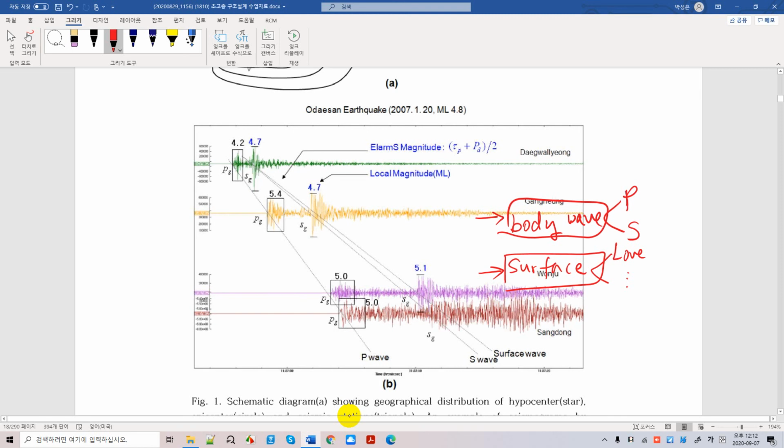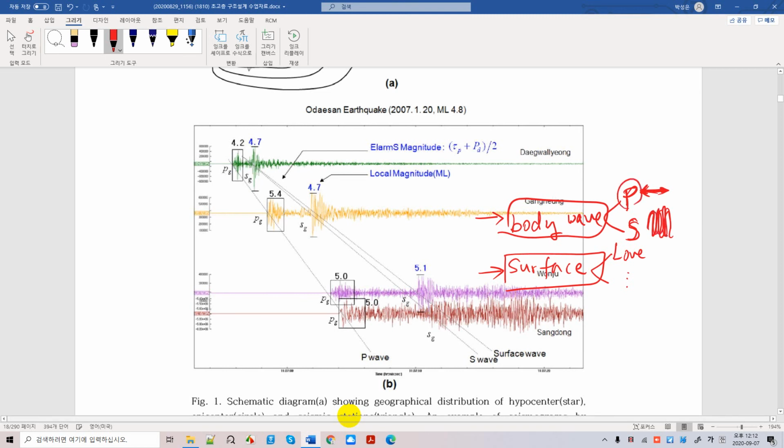P waves are waves that vibrate back and forth, so the particle vibrates back and forth axially. With an S wave, the particle vibrates vertically like this. This is horizontal, this is vertical.